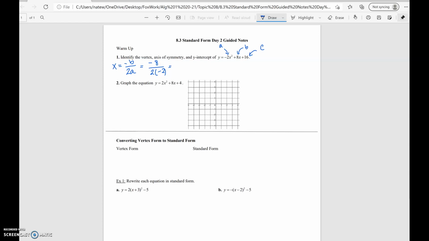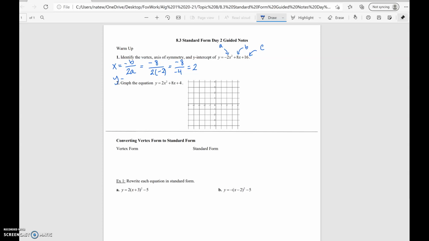So negative 8 divided by 2 times negative 2 would be negative 8 over negative 4, which is going to give us a positive 2. Then to get the rest of our vertex, we have to plug that in.